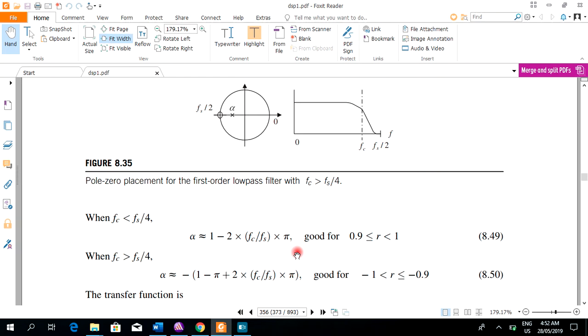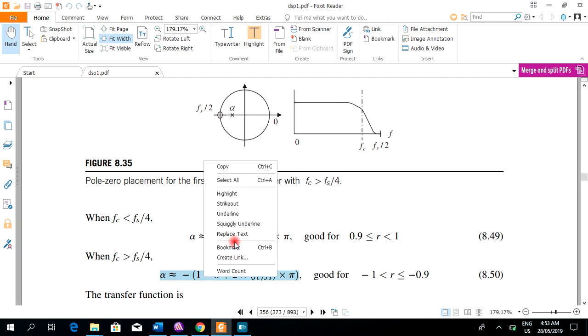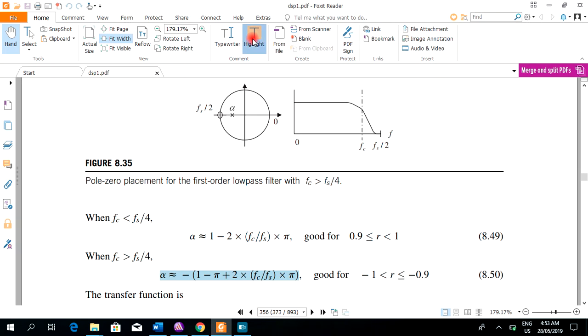When Fc is greater than Fs by 4, the formula to calculate alpha will be the second, the highlighted one.